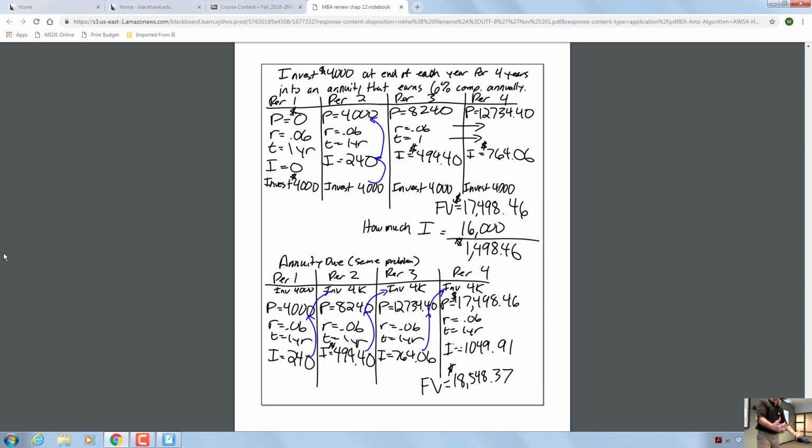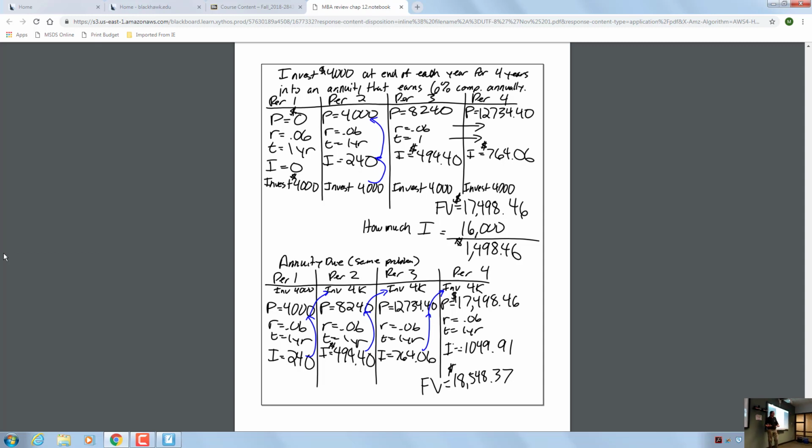What looked different? An extra period of interest, right? That was the one difference between these two tables, right? The numbers are almost all exactly the same. There was just that when you invest at the beginning, you get an extra period of interest, okay?